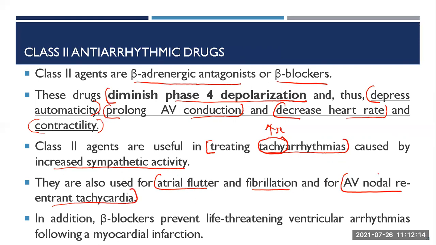Its use in this condition is basically attributed to its effect on AV conduction. It prolongs AV conduction, and that's why it can be used in AV nodal reentrant tachycardia.